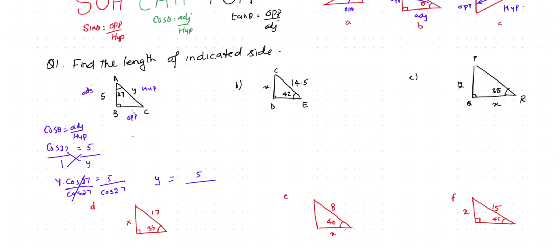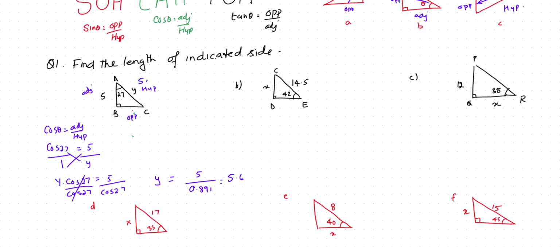We can use a calculator to find the value of cos 27. Cos 27 is 0.891. So 5 divided by 0.891 comes to 5.6. So this side is 5.6.